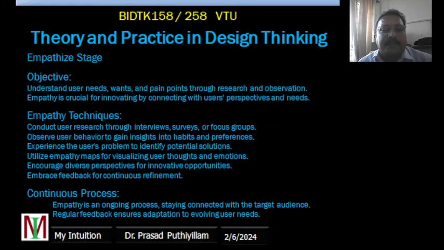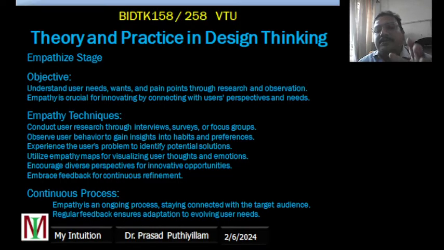The stages are empathize, define, ideate, prototype and test. The first one is the empathize stage. In this stage, the designer, not only designer, the innovator or whoever is working on some concept, tries to understand the user's need, the customer's need, and experiences it through research and observation, called empathizing, the empathy for innovation.